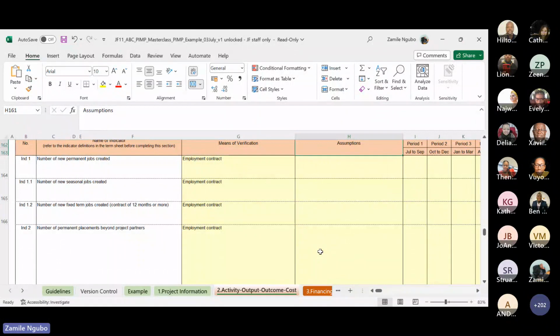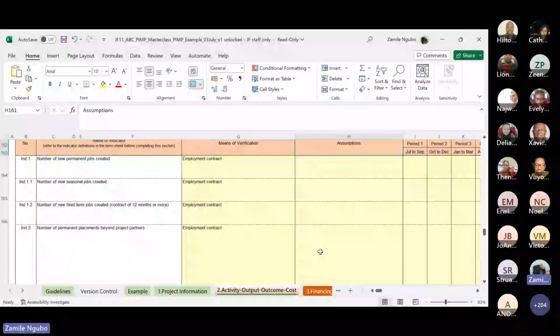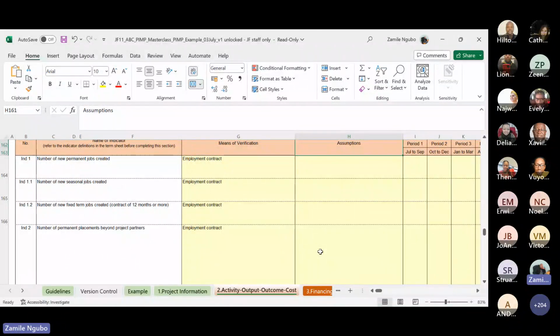According to our indicator definitions, we have about 8 program indicators. For indicator 1, 1.1, and in this case 1.2, indicator 1.2 is the number of new fixed-term jobs created. These are fixed-term contract positions of 12 months or more.